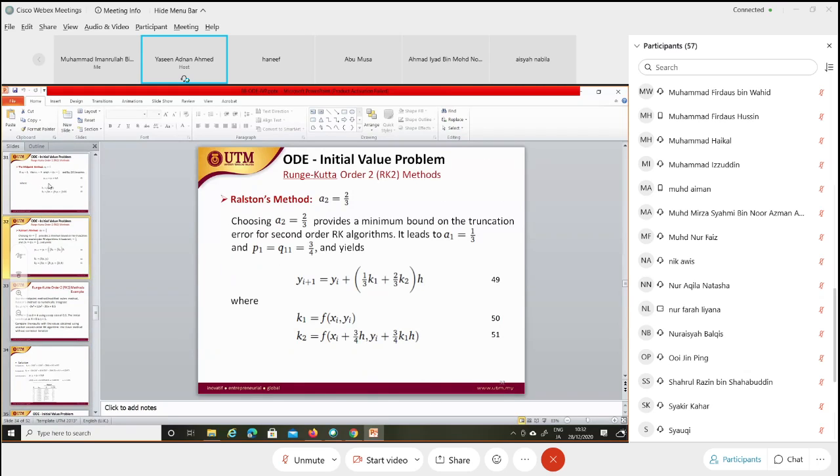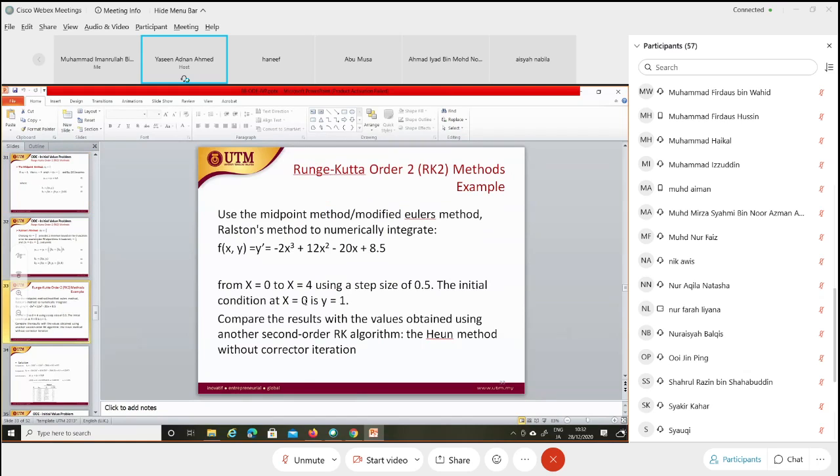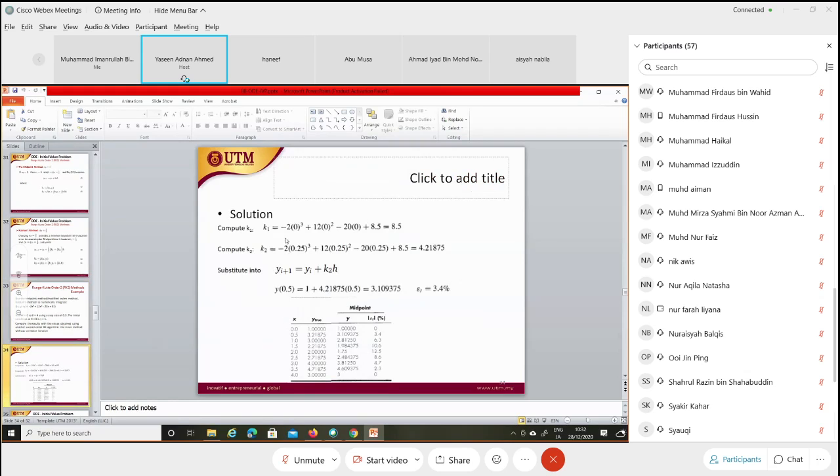So xi plus half h, what does it mean? How much is this in this case? Xi is 0 plus half of h, which is 0.5. So half of 0.5 is 0.25, right? So when you calculate k2, the x value will be 0.25.